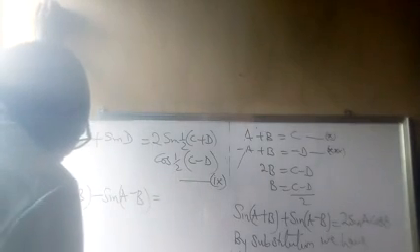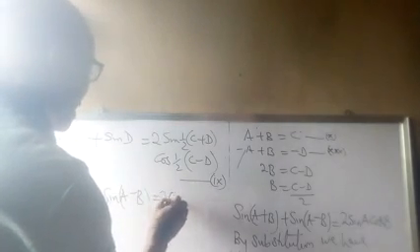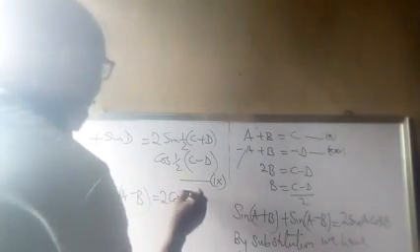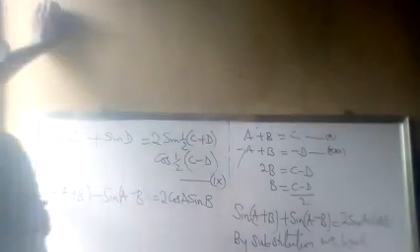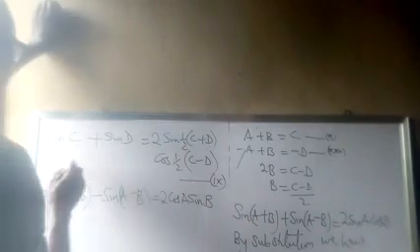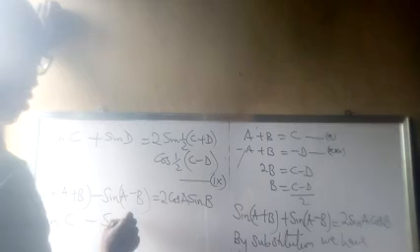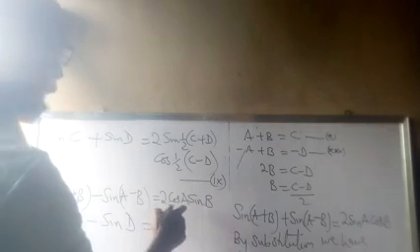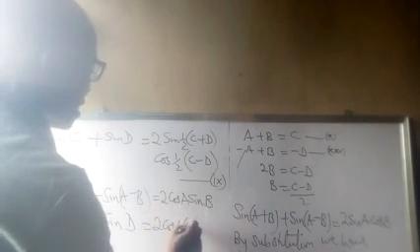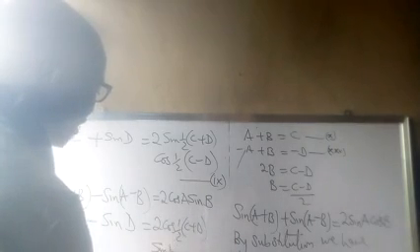I think what we get for equation 4 gave us 2 cos A sine B. Okay, now by the time you substitute as well, we have sine C minus sine D is equal to 2 cos, our A is half into C plus D. Then sine our B is half into C minus D. Okay, now with that, we have gotten another equation. We can call this one equation 10.